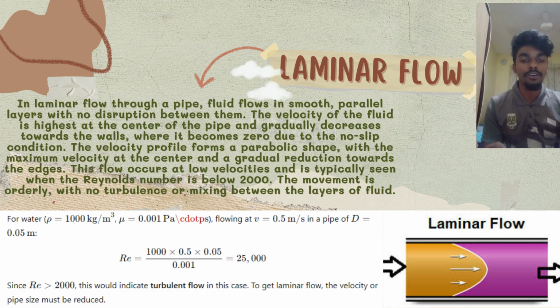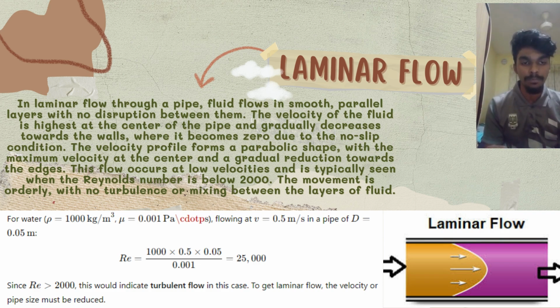So, an example of a Reynolds number calculation. The density equals 1000 kilograms per cubic meter, the dynamic viscosity equals 0.001 Pascal seconds, and the velocity equals 0.5 meters per second, in a pipe with a diameter of 0.05 meters.